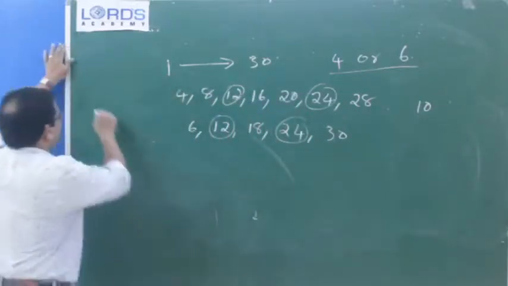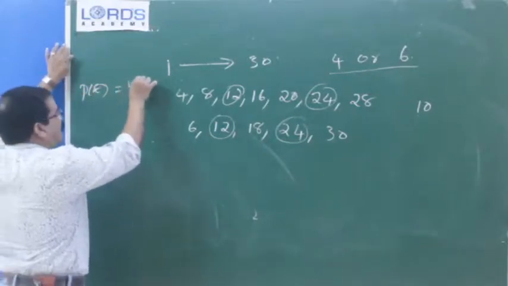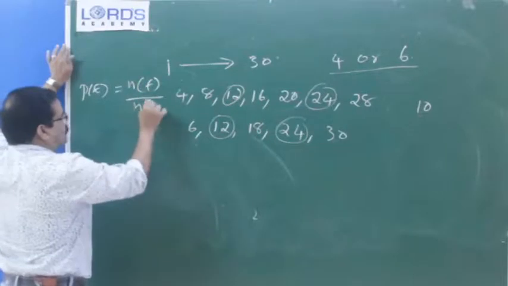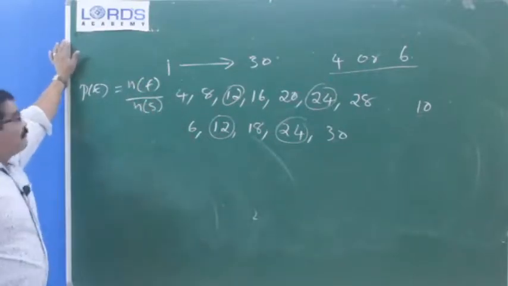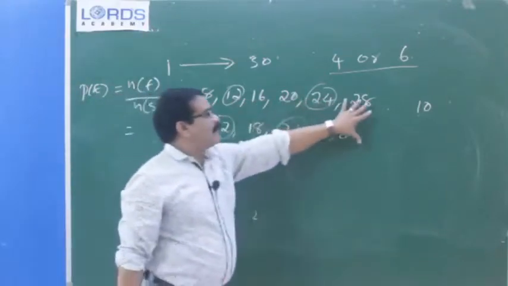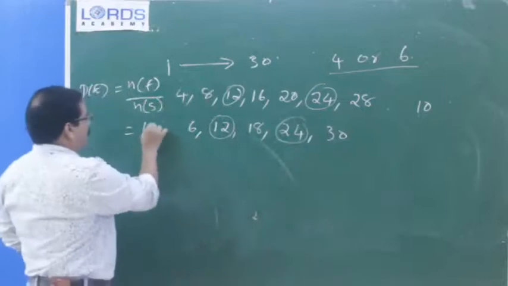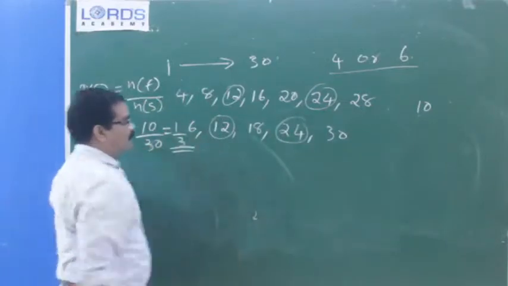Therefore, the probability of any event is equal to the number of favorable cases by the total number of outcomes in the sample space. Favorable is 10, so 10 by 30 is equal to 1 by 3.